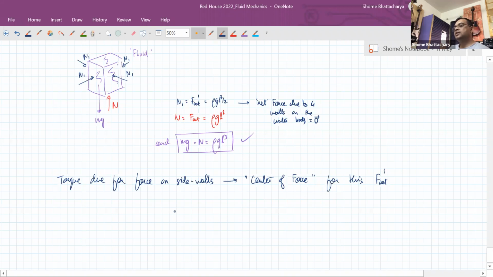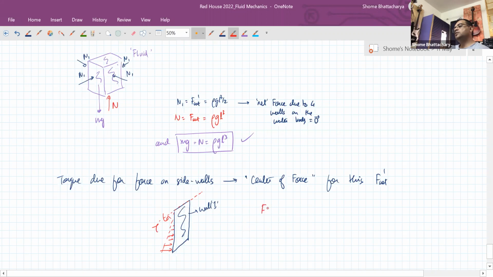Okay. So if we again consider that first wall, you will see that there is some net torque that we can consider about this axis, or there's a net torque that we can consider about this lower axis also because of these forces. So we want to calculate that net torque. We can come up with an integration method.